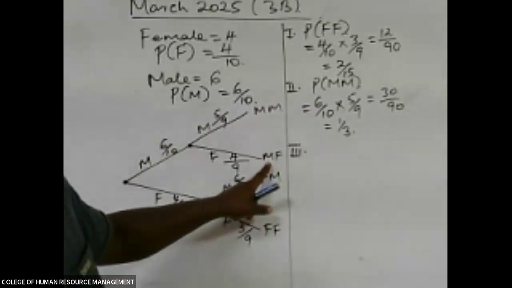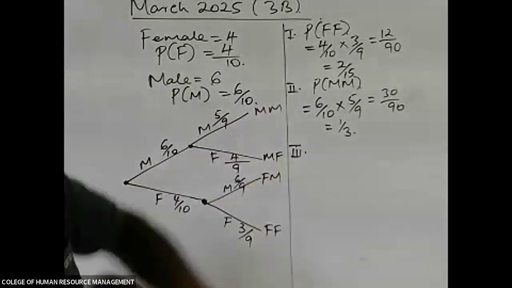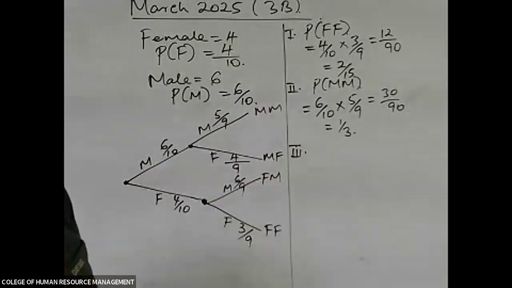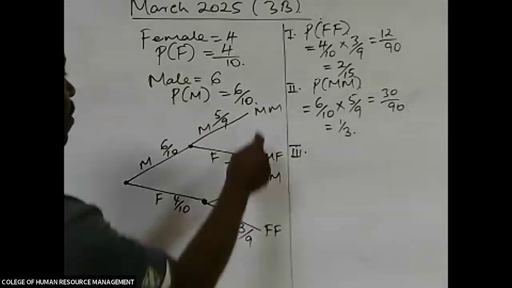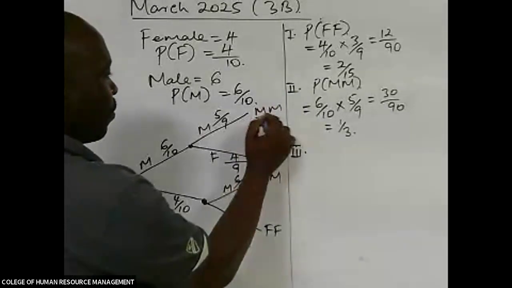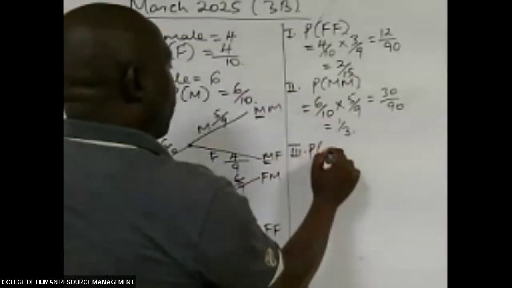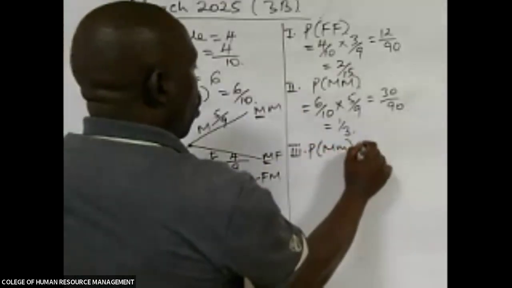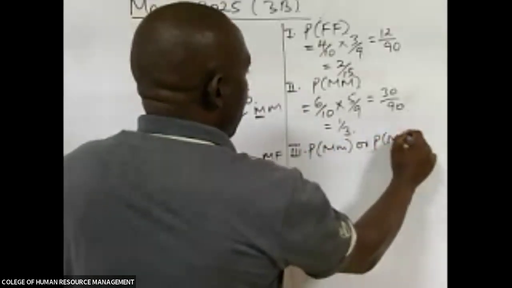So as long as the first one here is M, we have got two scenarios. Probability that the first employee to be picked is a male, we have got two possible cases: either it is a male and then the second one is a male, or a male and then a female. So this is the same as probability of MM, or probability of MF.